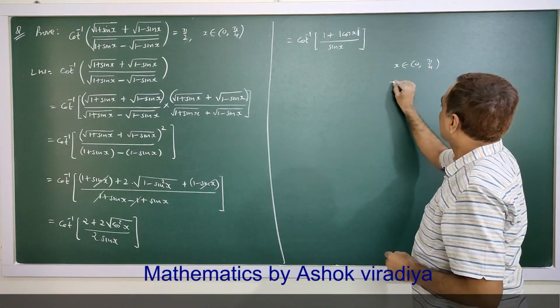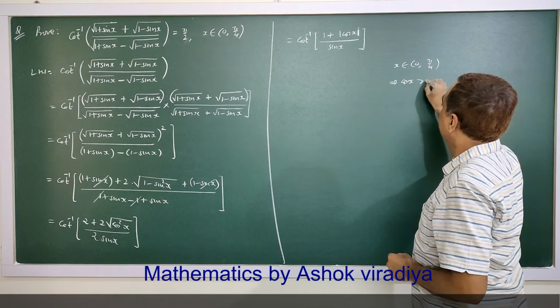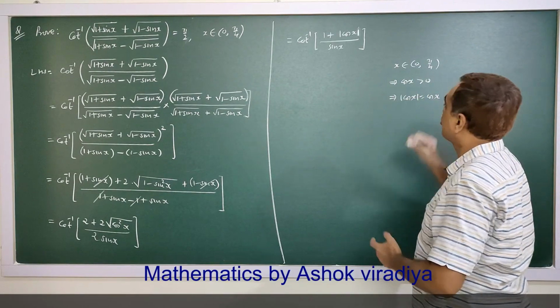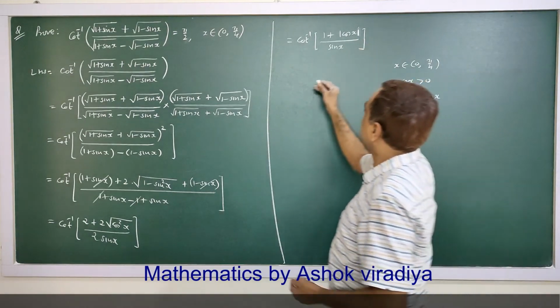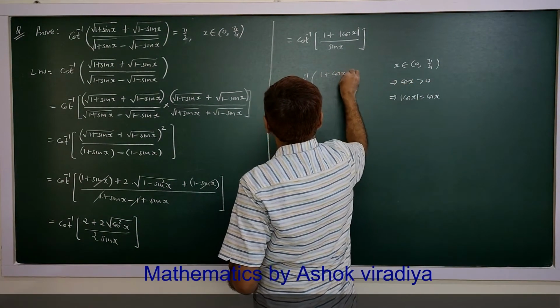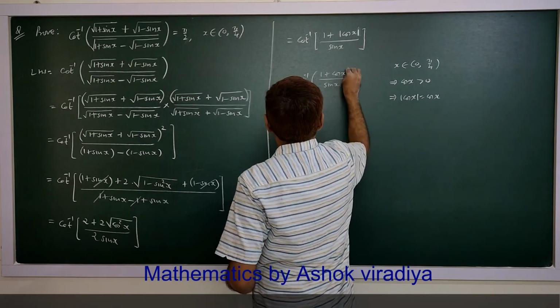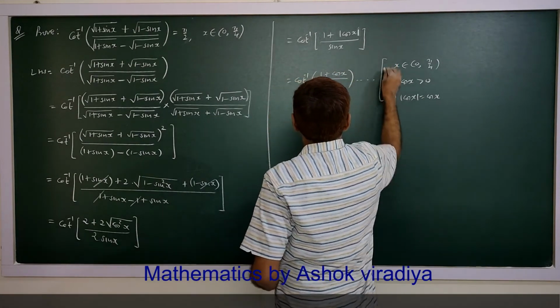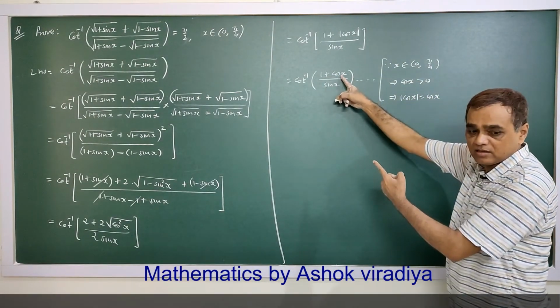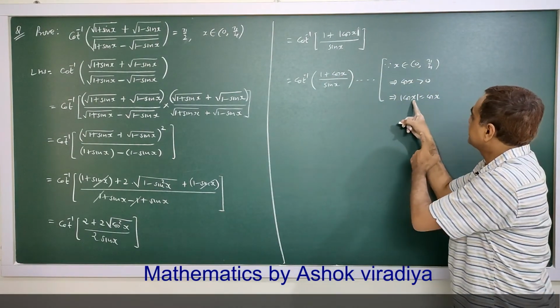So this is a subset of the first quadrant, so cos x is positive, so modulus cos x will be equal to cos x. So I keep here cos x. This is the reason why modulus cos x is cos x, because cos x is positive.